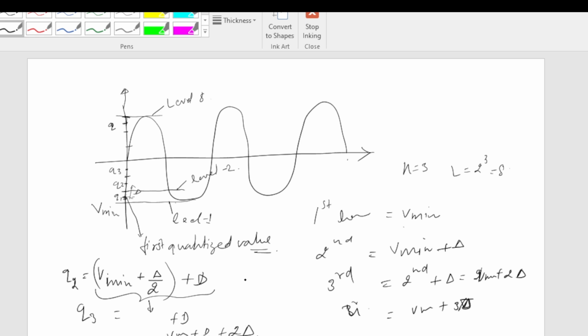So we start from Vmin plus delta by 2 and increase with a step size of delta. The last quantized value can be given as Vmax minus delta by 2. Similarly, the last level is defined by Vmax minus delta. This we have used in MATLAB, so let's go to MATLAB again.